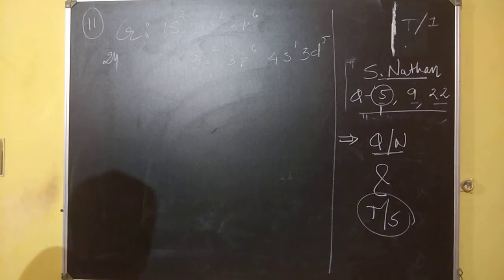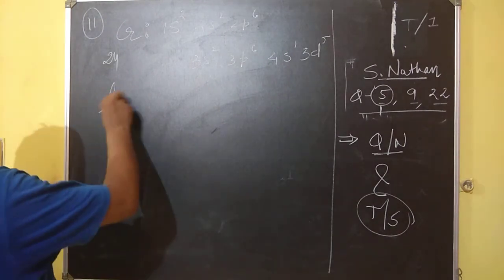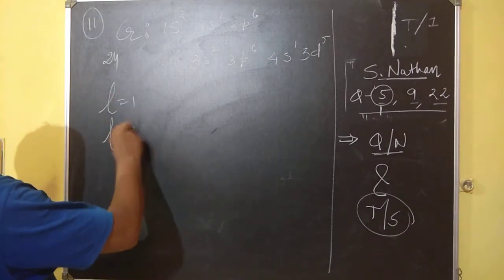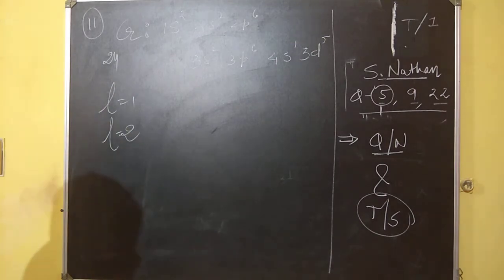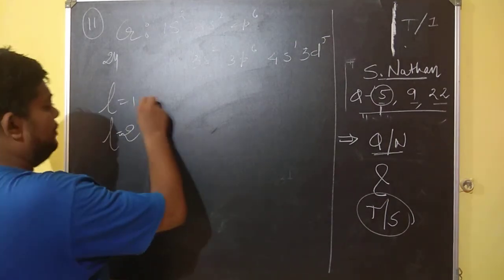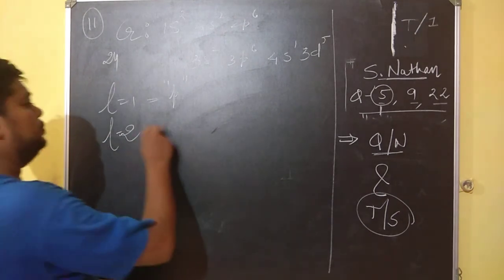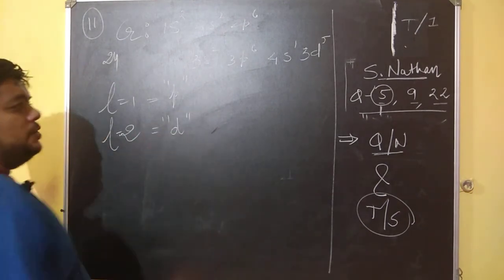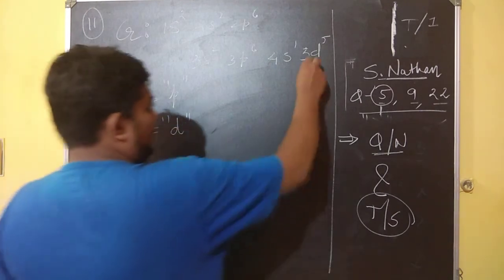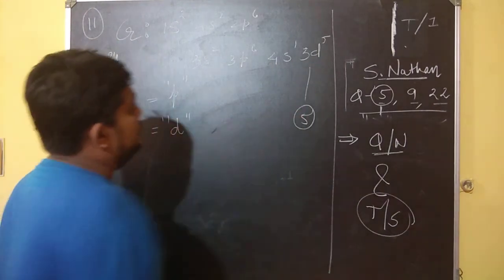Once we have summed it up, they have asked for L equal to 1 and L equal to 2. Very well, keep things in mind. L equal to 1 means they are talking of the p subshell. L equal to 2 means the d subshell. In the d subshell, if you count properly, there are 5 electrons.